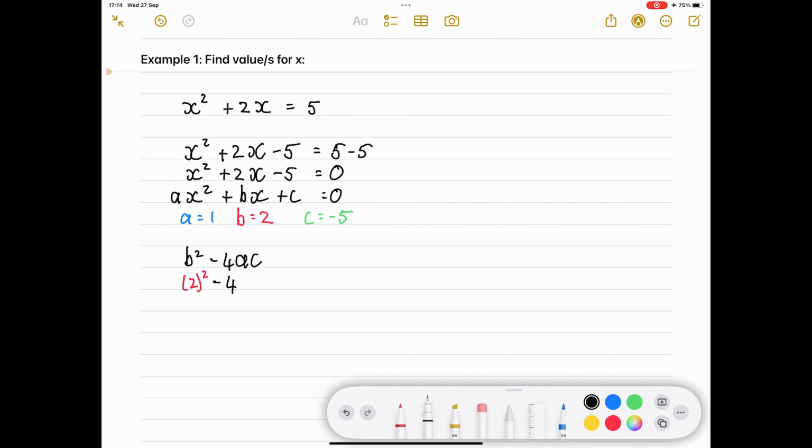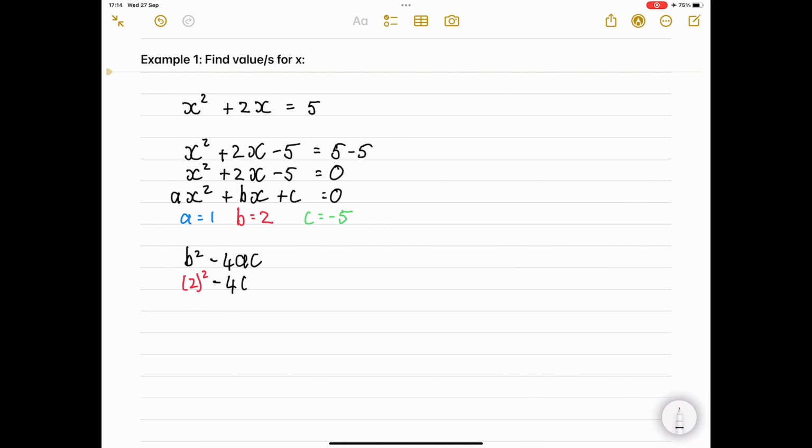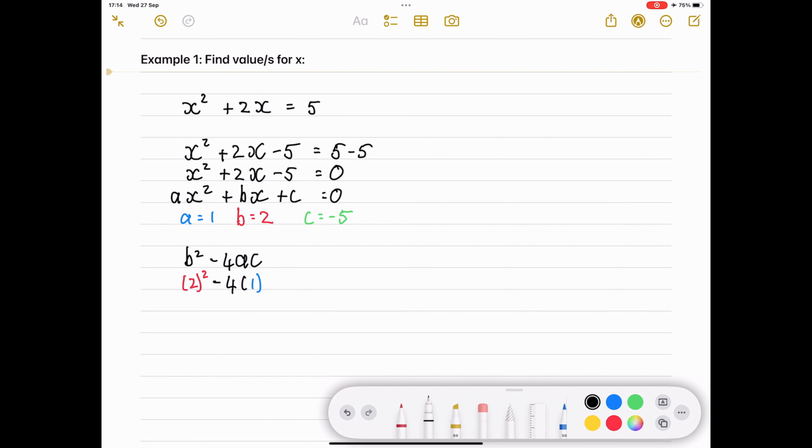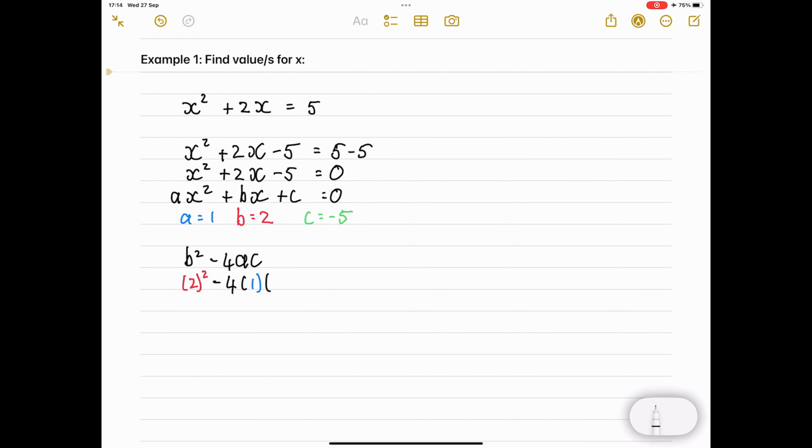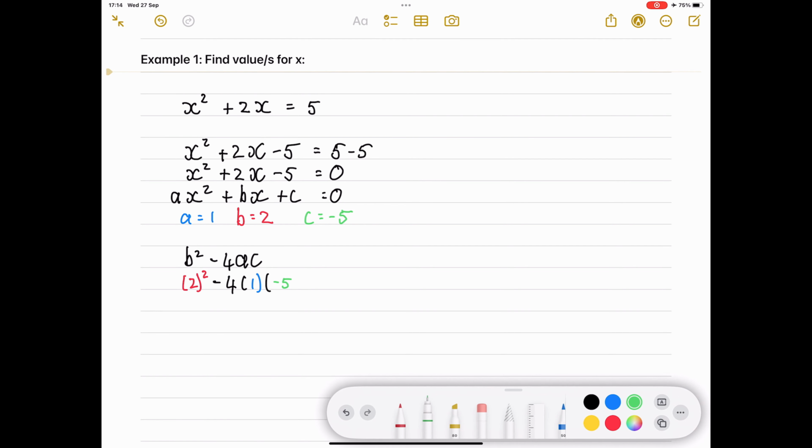For your a, you have 1. And for your c, you have negative 5.